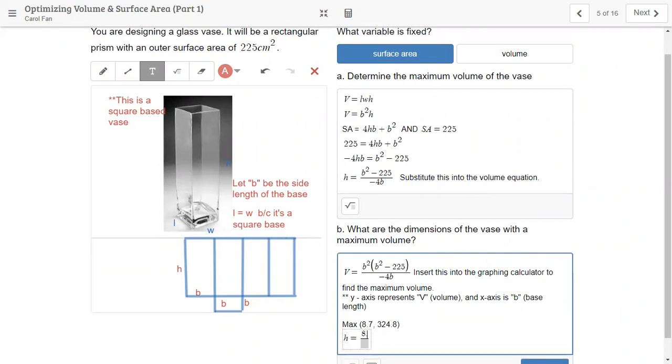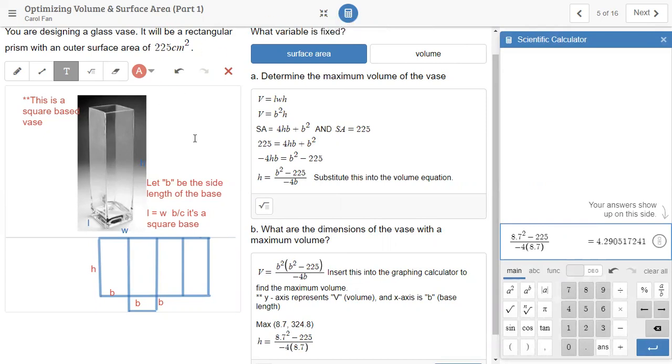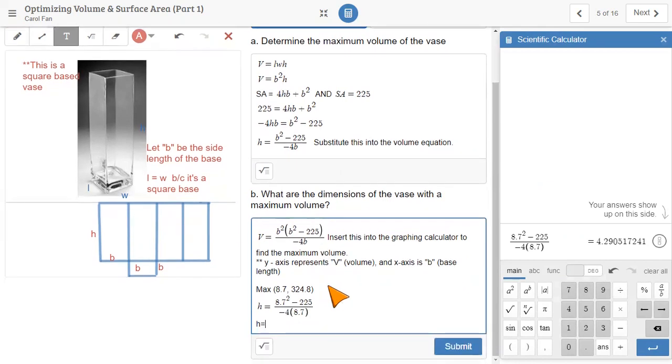So we have 8.7 squared minus 225 divided by -4 times 8.7. So height is equal to 4.3.